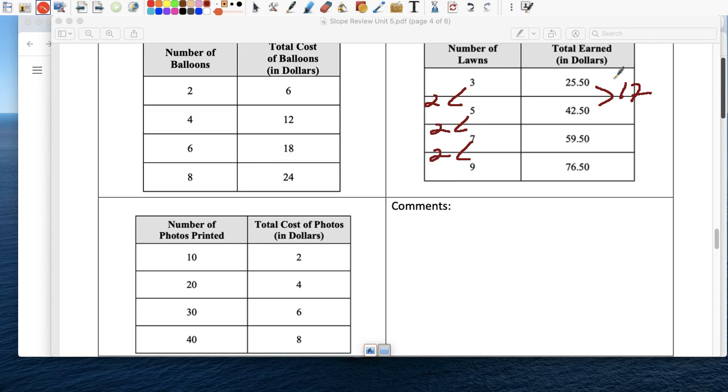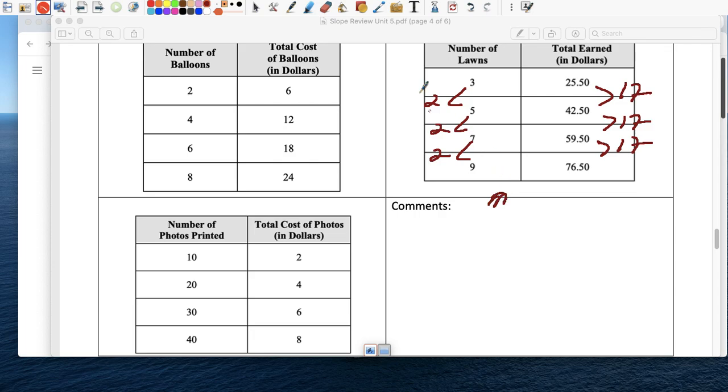And then I'll do one more. 59.50 minus 42.50 equals also 17. Right, so this is 17.